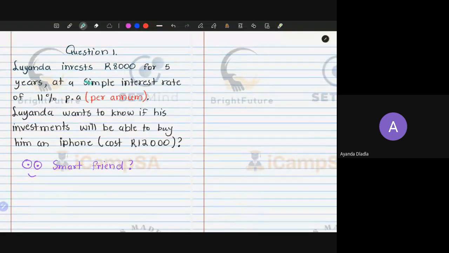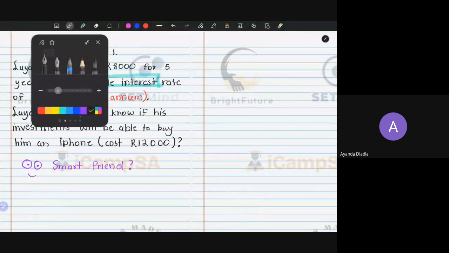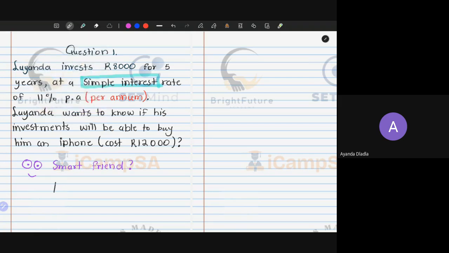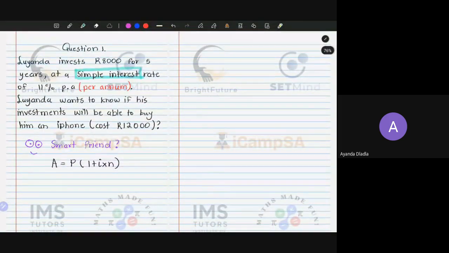So the key word here is simple. Once I see simple, I remember that my formula will be A equals P times (1 plus I times N). And I'm going to ask the question, guys, what are we given here? Or maybe the first question, as always, is, what are we looking for?